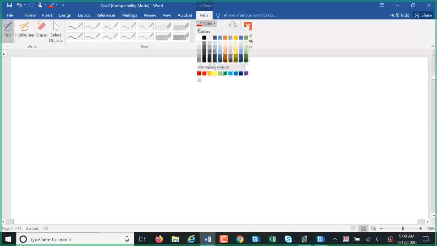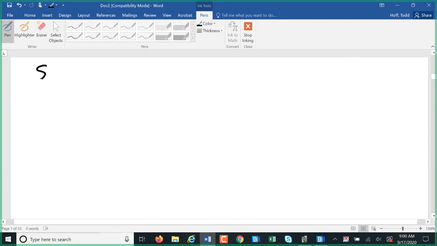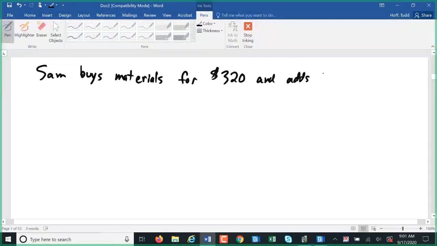Now, slightly different than that problem, Sam buys materials for $320 and adds 9% markup.